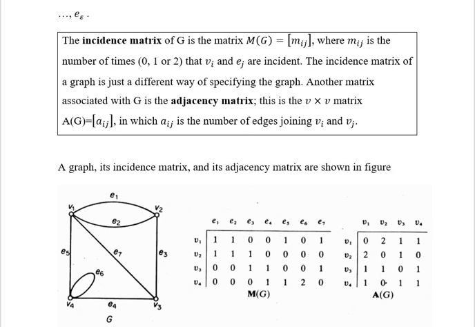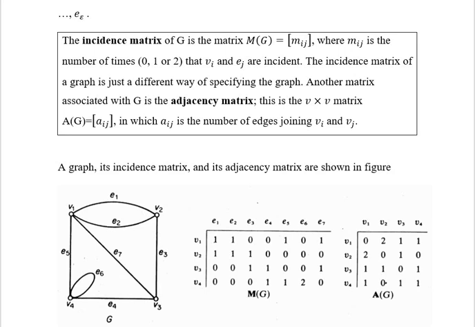But the digit 2 corresponding to V1 and V2 appears because, as you can see in the graph, V1 and V2 are adjacent through two edges, E1 and E2. That's why the digit indicated here is 2.